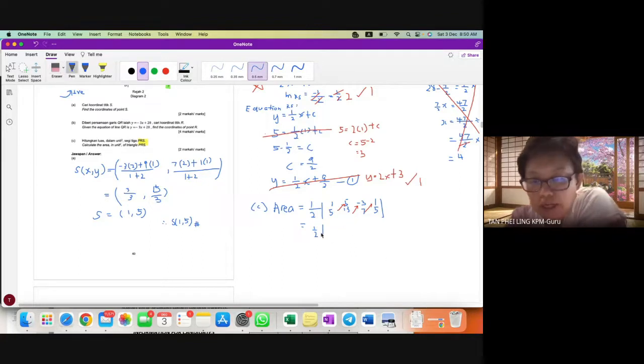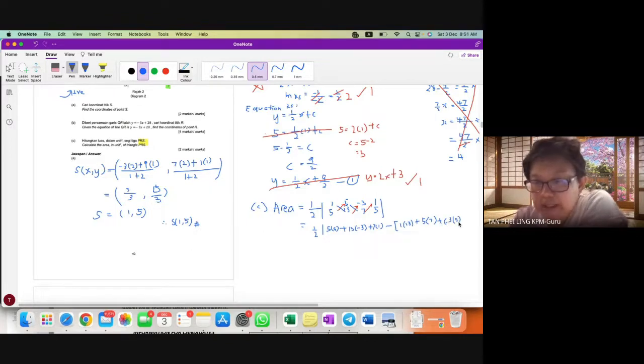So show how you get it first. 5 times 5, do bracket, plus 13 times negative 3 plus 7 times 1, minus the other way around, which is put bracket 1 times 13 plus the other way around like that. 5 times 7 and then plus negative 3 times 5.